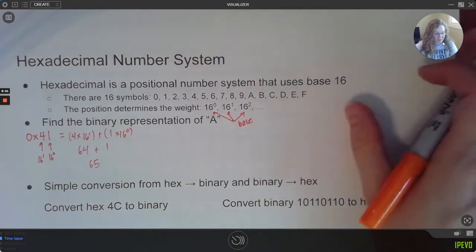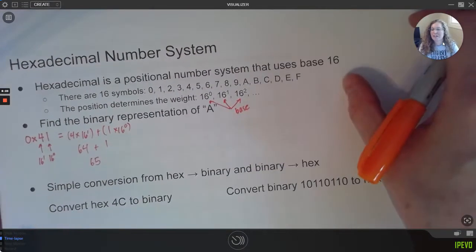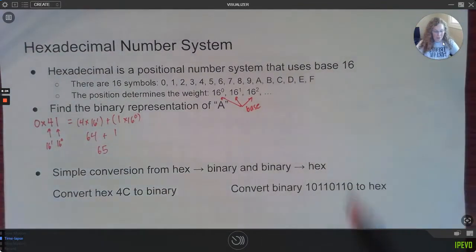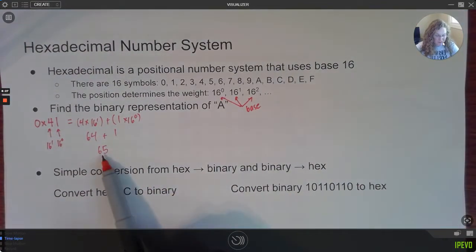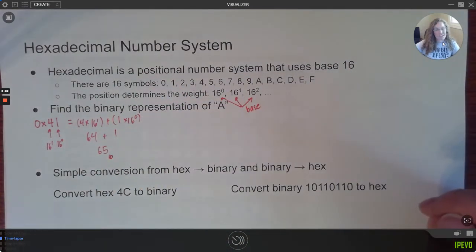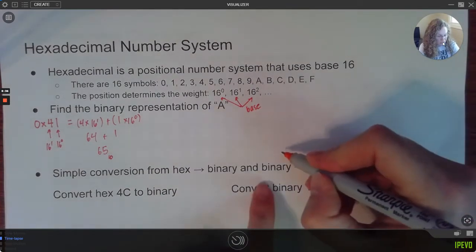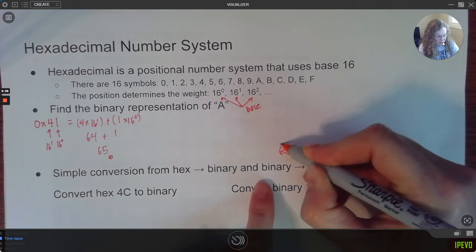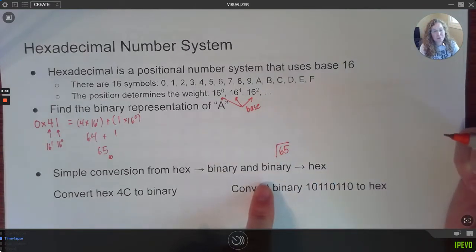Now, of course, our goal was that we really wanted to convert this to binary. We know that it's 65, and we know how to convert decimal numbers. This is a decimal number, base 10. We know how to convert decimal numbers into binary, so we could go ahead and follow that process. So we could take our number 65 and then use repeated division by 2. So divide 65 by 2.